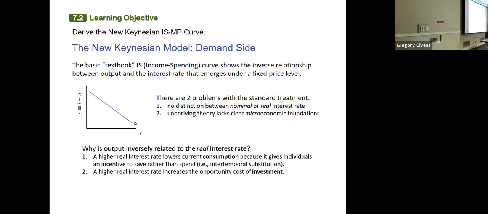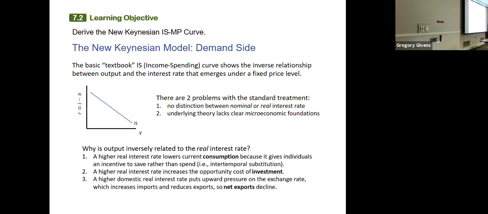But even those firms that don't have to borrow would rather be savers at higher interest rates, so the opportunity cost of investment goes up when real interest rates rise. So in a microeconomic story, as real interest rates rise, both consumption and investment tend to decline.